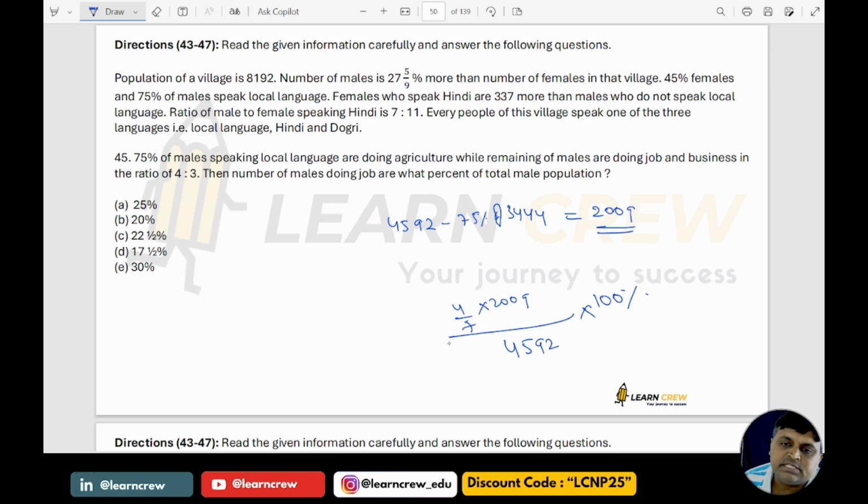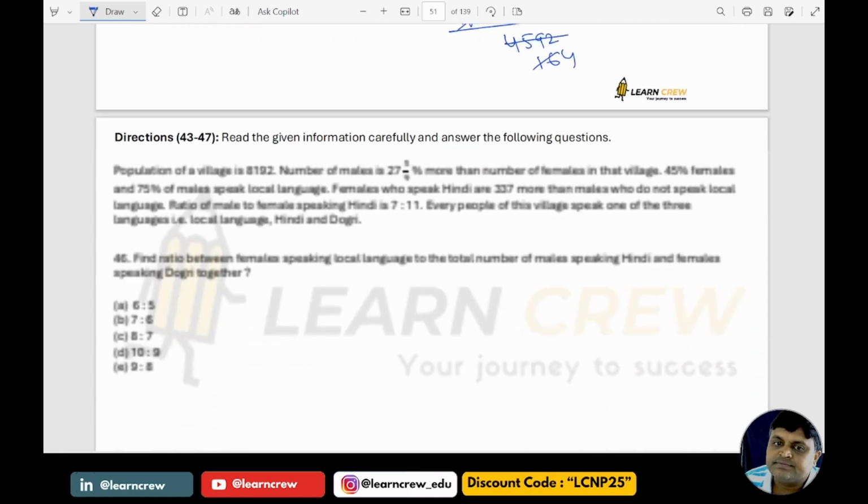If you simplify, it is divisible by 7, which gives 287 over 1148. 287 goes into 1148 four times. So the answer is 25%. Next.